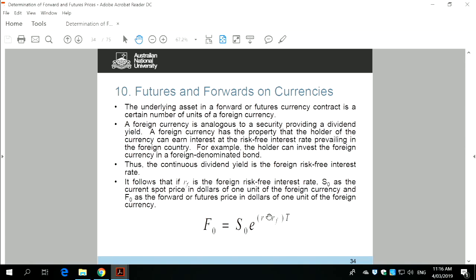If you think about the interest revenue you receive from your foreign currency denominated bank accounts, and you treat that as a dividend yield, then simply use the domestic currency minus the foreign currency risk-free rate, and you can price the forwards and futures that are written on foreign currencies.